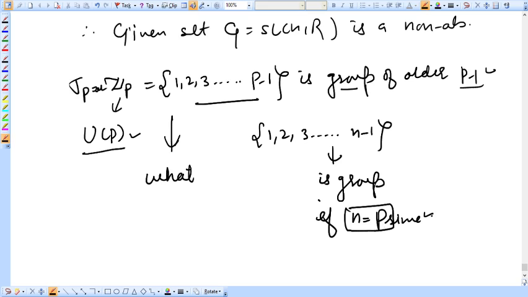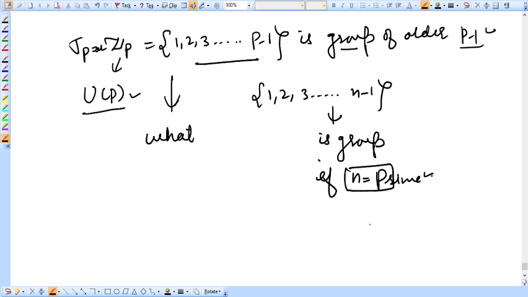We did this: the set 1, 2, 3 up to n minus 1 forms a group if n is a prime number. So what if n is not a prime number? Will this still be a group? This is the case I'm going to discuss with you in this part of the video. So we are going to take the case where n is not a prime.